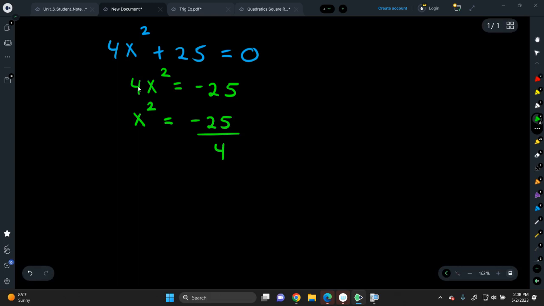I subtracted 25 from both sides. Square root both sides. x is equal to plus or minus the square root of negative 25 over 4.